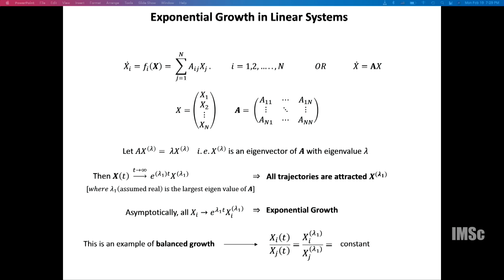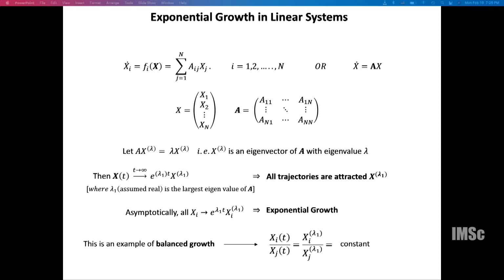The eigenvector defines a direction in your n-dimensional phase space, and for long times you will reach it. So effectively, in a steady state, you have recovered exponential trajectories. Even in n dimensions, there is no problem in understanding why exponential trajectories arise for a linear system.